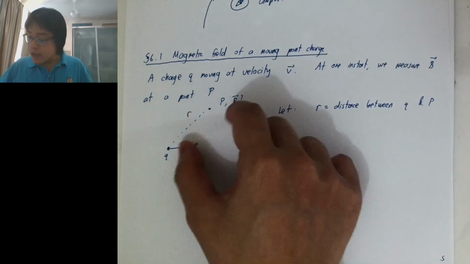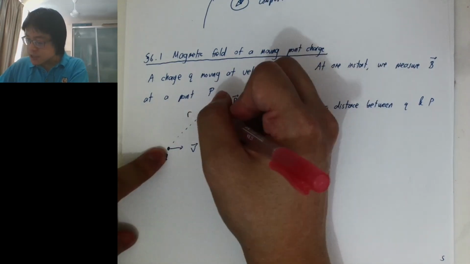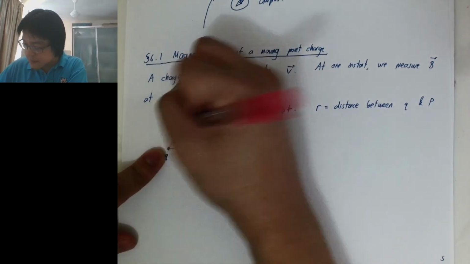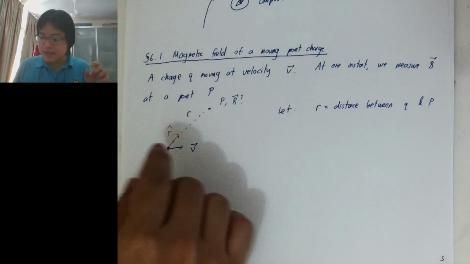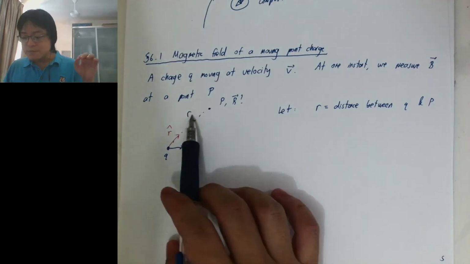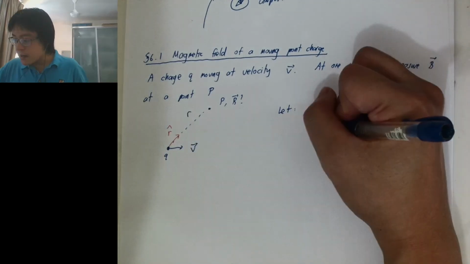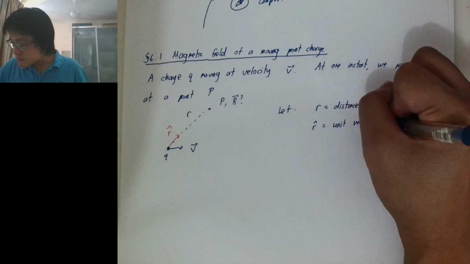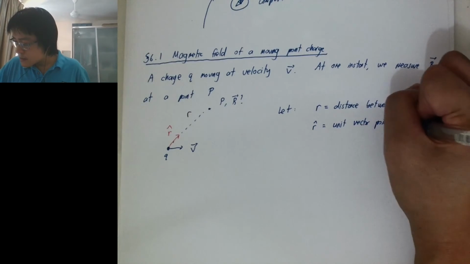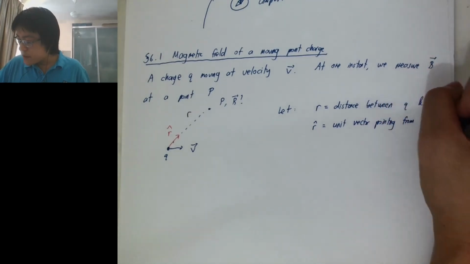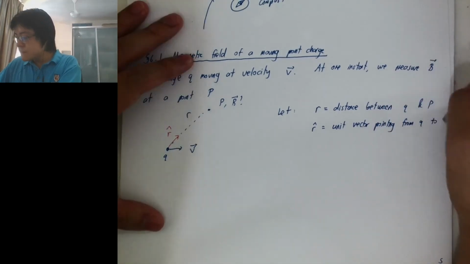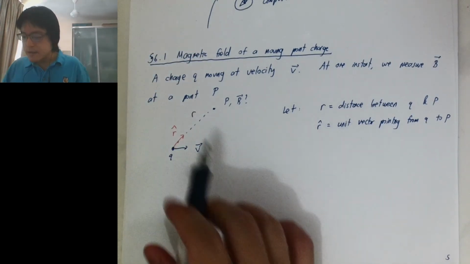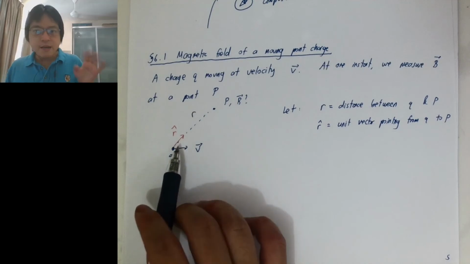This vector I will call r hat. r hat is just a unit vector to tell you the direction, while this part tells you the distance. So r hat is the unit vector pointing from Q to P. This is the setup of our situation.